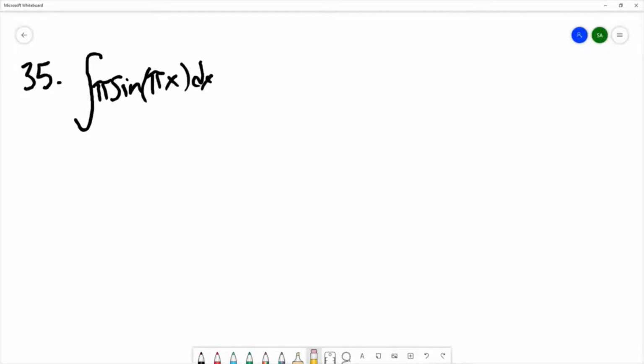So for this example, we want to find the indefinite integral of pi sine of pi x dx. We need to check, since our function sine has something other than x in it, on that composite rule.